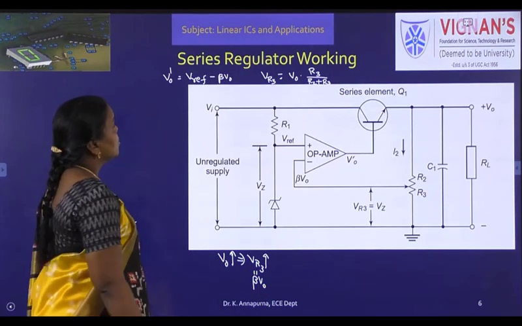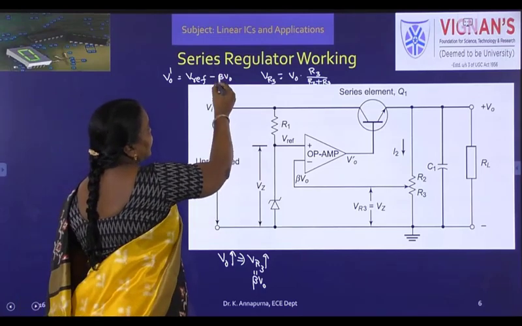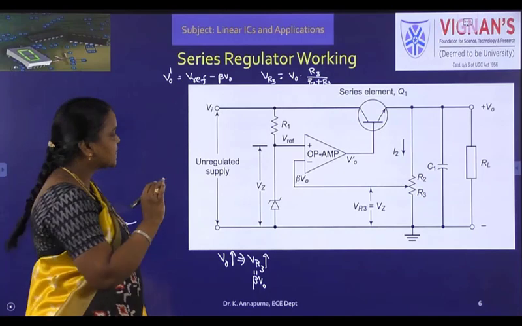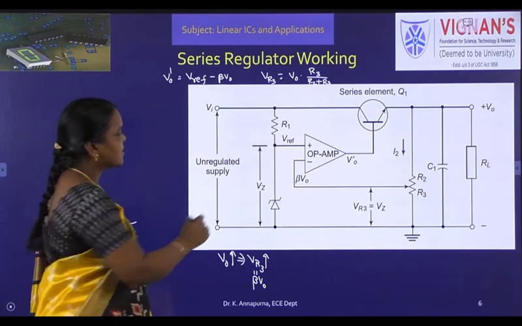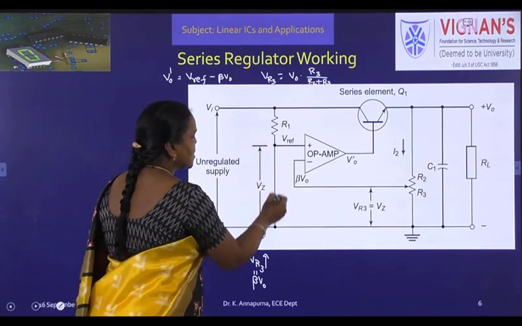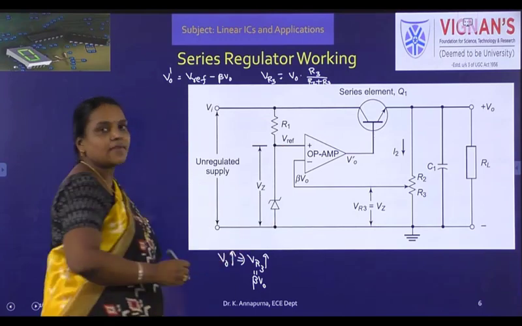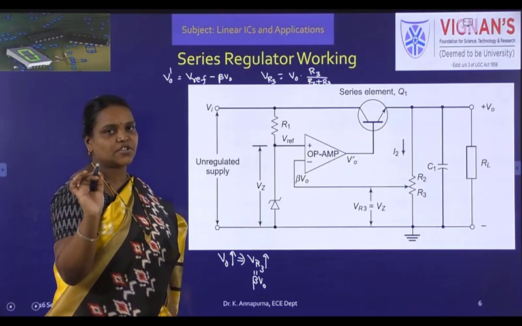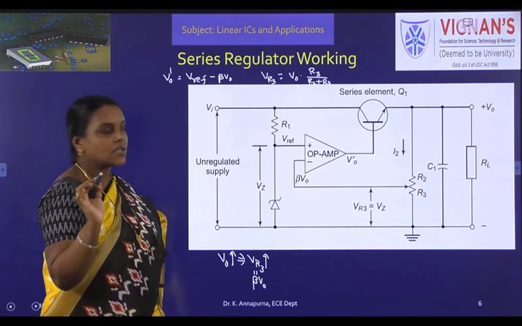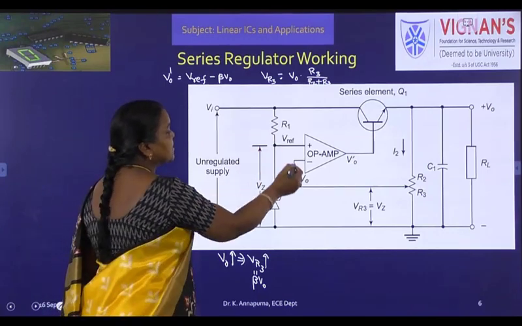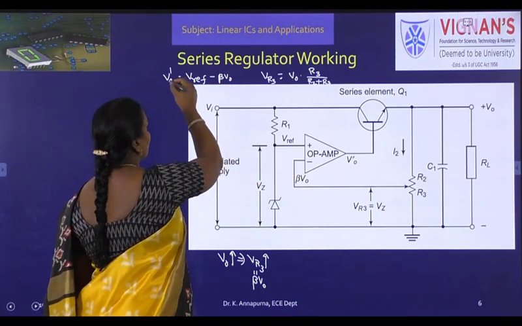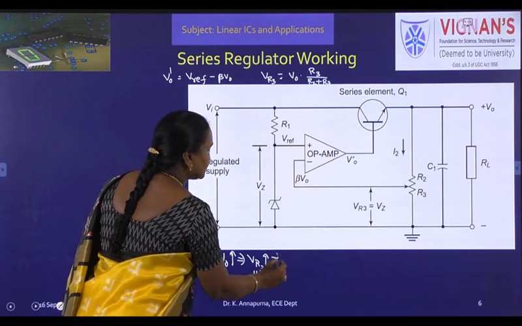If beta V0 increases, V0 dash will decrease because the reference is maintained constant. This reference voltage is taken from the Zener regulator. The Zener voltage under reverse breakdown condition gives us a constant voltage, so that is our reference. With respect to the reference, beta V0 has increased, so automatically V0 dash will decrease.